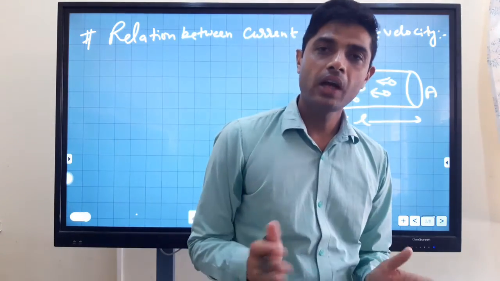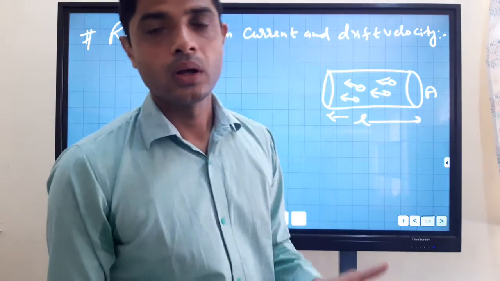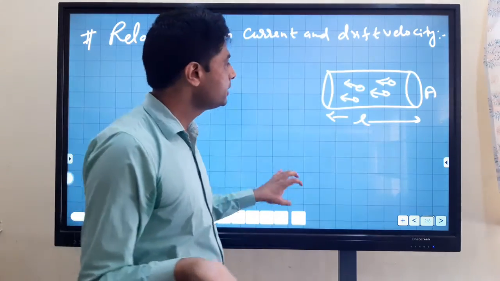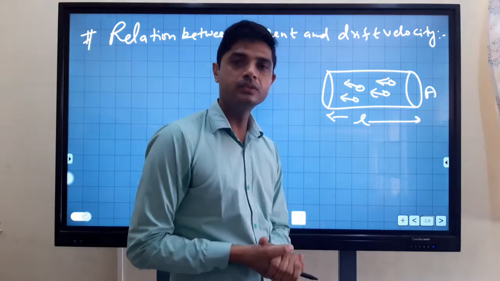It means the electrons lose energy continuously, so the average velocity is 0.